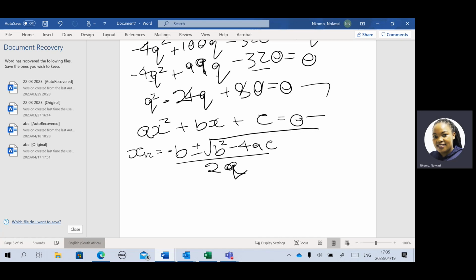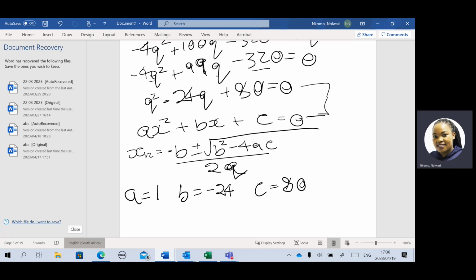And if we look at these two, if you compare this equation, you can simply tell that a is equal to 1, b is equal to minus 24, and c is equal to 80.